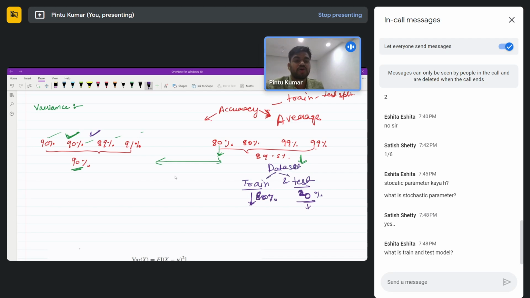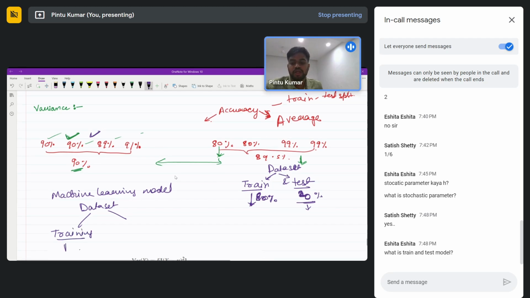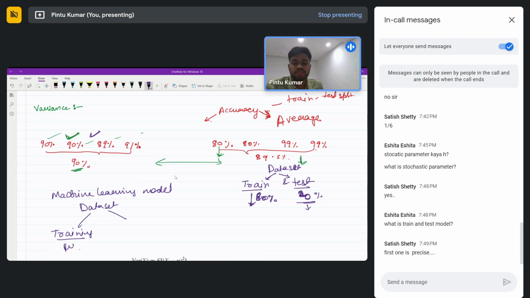I'm not sure how well versed you are with machine learning models, but when you start a machine learning model, what you do is you split whatever data set is available with you into two parts. One of them you use for training, and based on whatever parameters you obtain after training, you use the second part for your testing purpose.